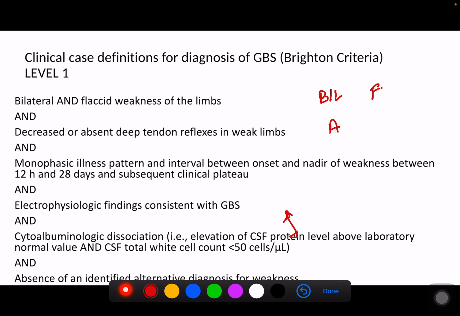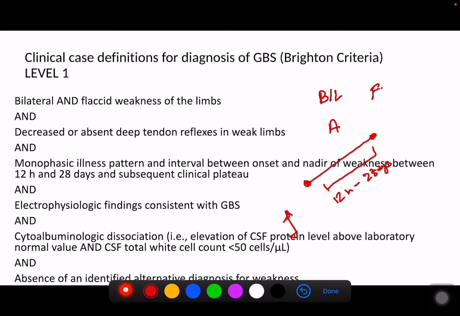It's a monophasic illness pattern, with an interval between the onset and nadir of weakness of between 12 hours and 28 days, followed by a clinical plateau.